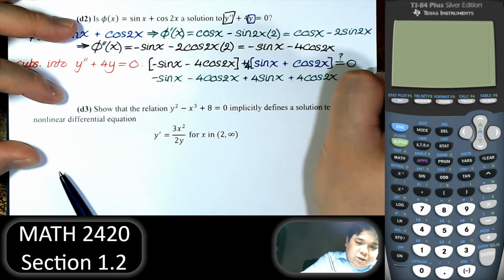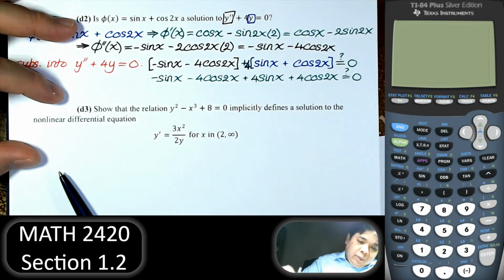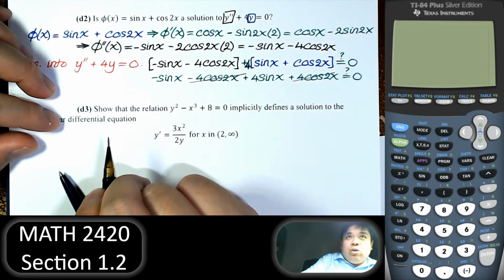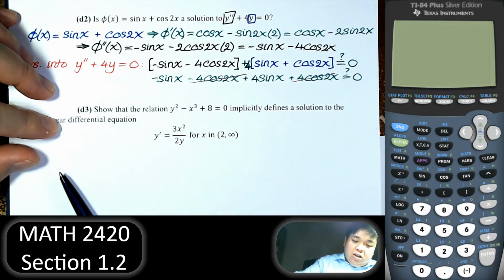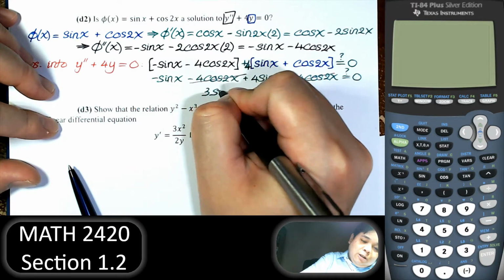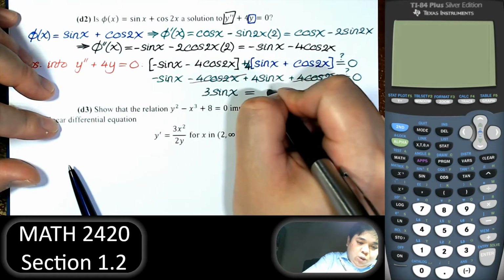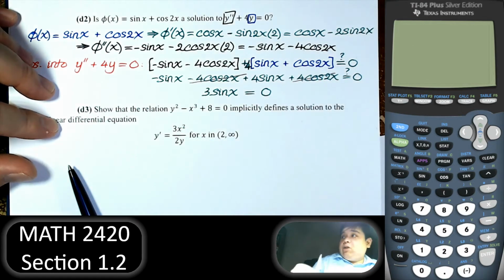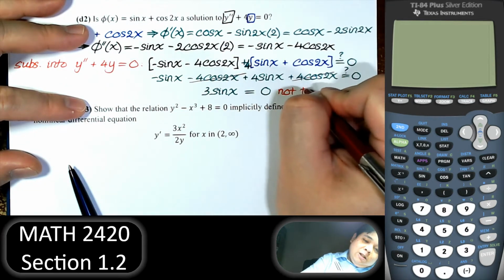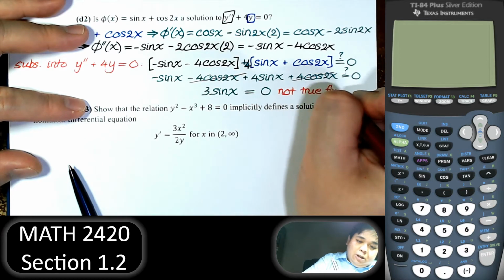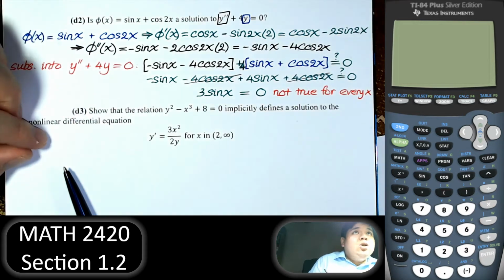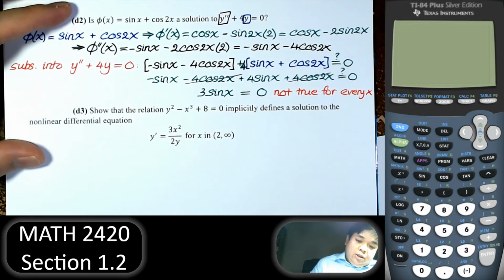Is that equal to 0? 4 cosine 2x minus 4 cosine 2x, so those cancel out. 4 sine minus a sine, so we have 3 sine x equal to 0. And of course that is not true for every x. So because of that, it is not a solution.